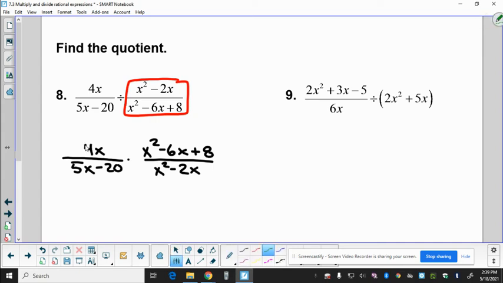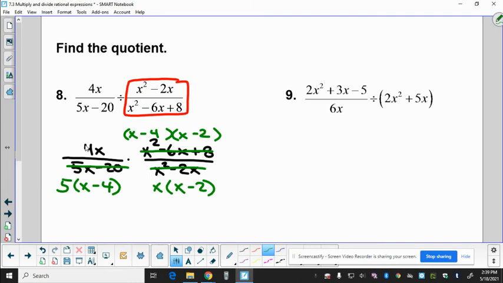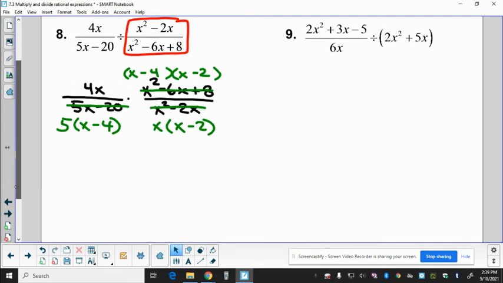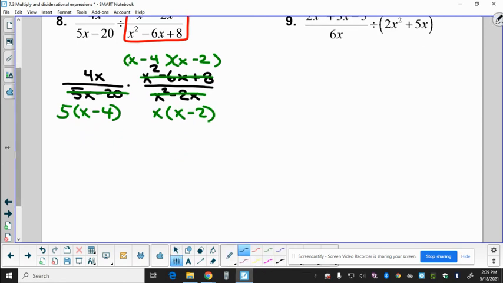Let's see over here. What will this factor into? About negative 4 times negative 2 works. Factor out a 5 here. And how about factoring out an x in this expression? All right. I'm going to write this answer below. We've got another problem to do.